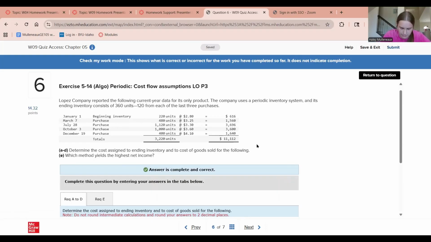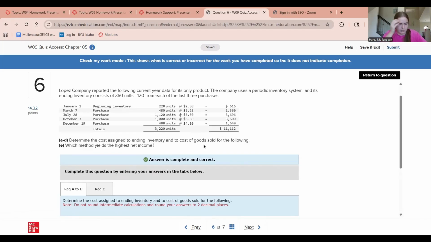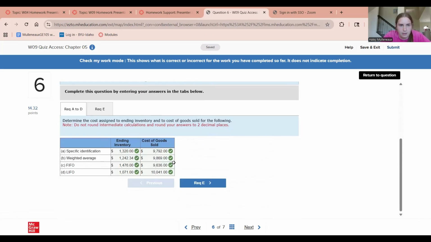And then to get the total ending inventory of 360, we take 140 units and you times it by 3.25. And with that, you get 455. When you add 455 to 616 from earlier, you get 1,071.